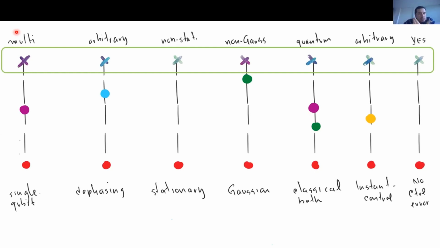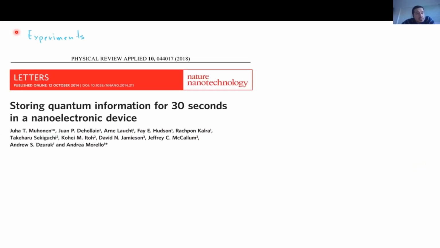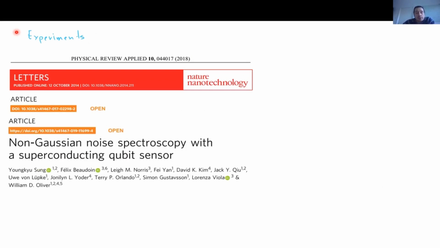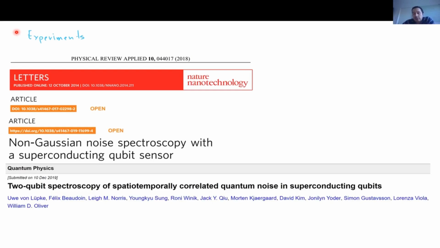So this is not to say that the current protocols have not been successful. Indeed, many of these protocols have been tested and experimentally verified by multiple experimental groups around the world. The group of Andrea Morello, the group of Mike Biercuk, the group of William Oliver, many times supported by Lorenzo Viola's group on the theory side, have demonstrated all of these protocols.